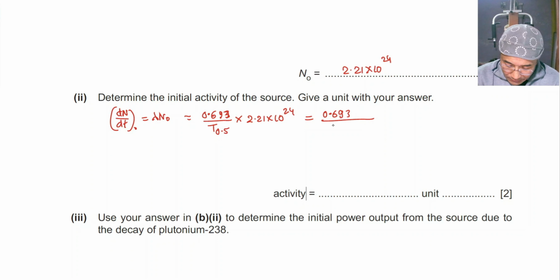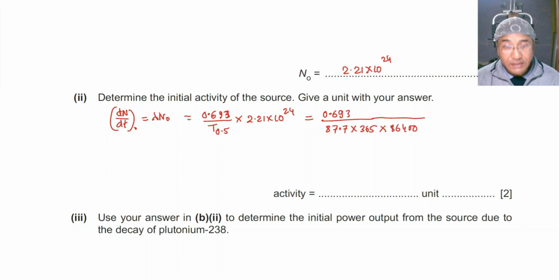So it is 0.693 by 87.7. When this is multiplied by 365, it is converted to days, and when it is multiplied by 86400, it is converted to seconds, because 1 year has 365 days, just normal average calculations, and one day has 24 into 60 into 60, which is 86400 seconds.